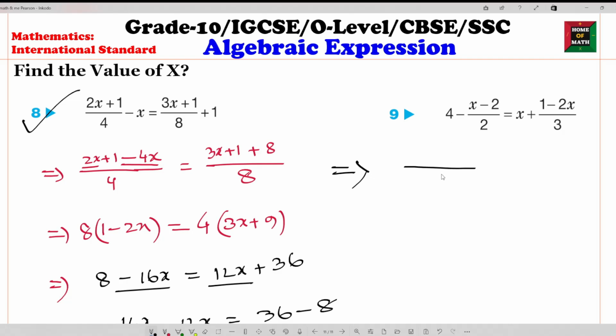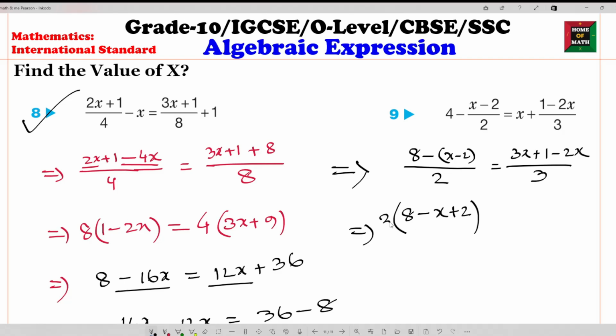So this one, the LCM is 2, so here is 8 minus (x minus 2), equals, the LCM is 3, so 3(x plus 1) minus 2x. So we can write here 8 minus x plus 2, okay, and cross multiplication, this one 3 becomes front, and 2x minus 3x minus 2x, it will be x, and here is plus 1 and 2.